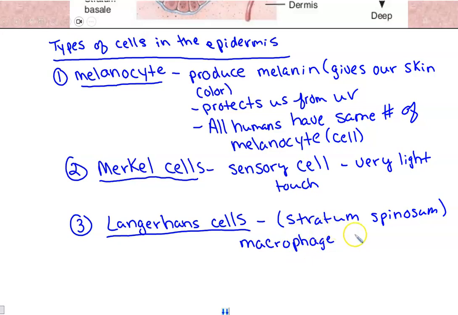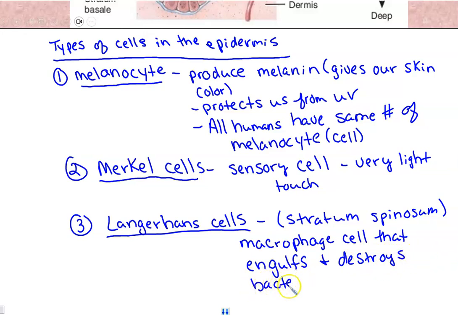A macrophage is a cell that engulfs and destroys bacteria and damaged cells.